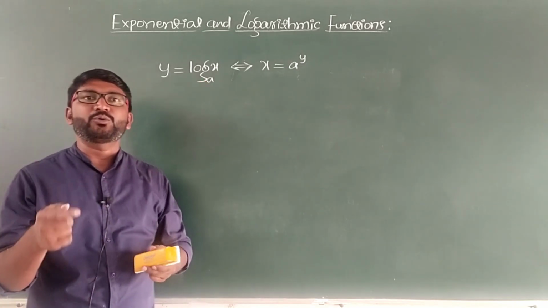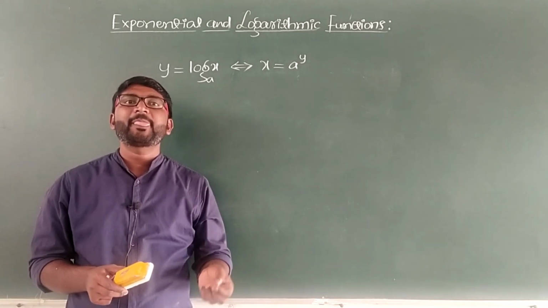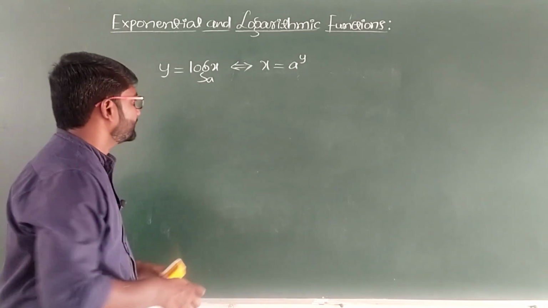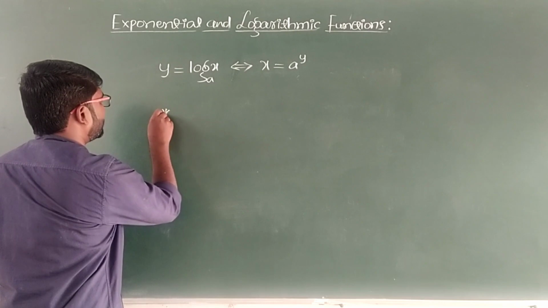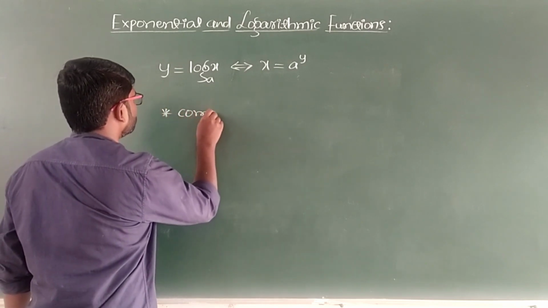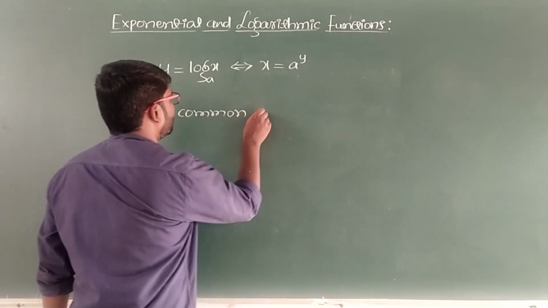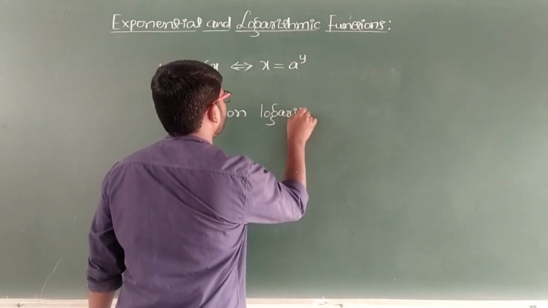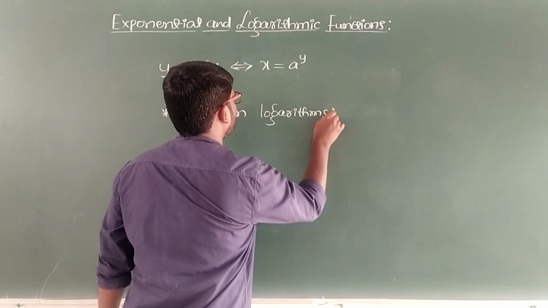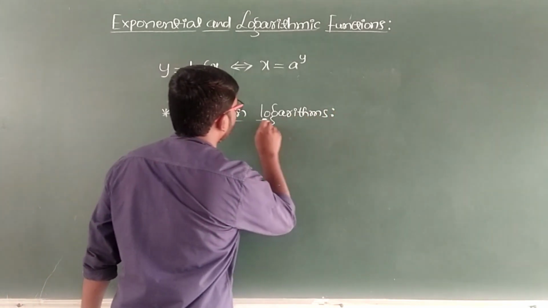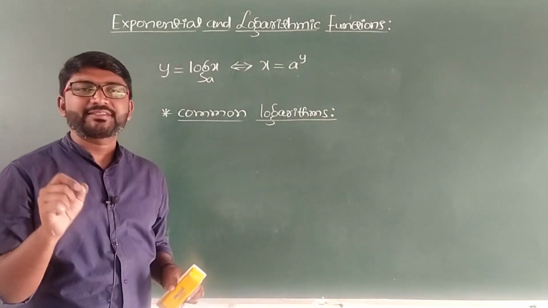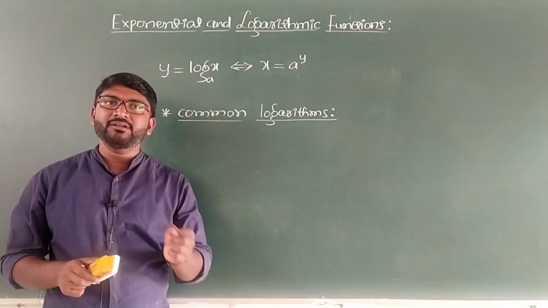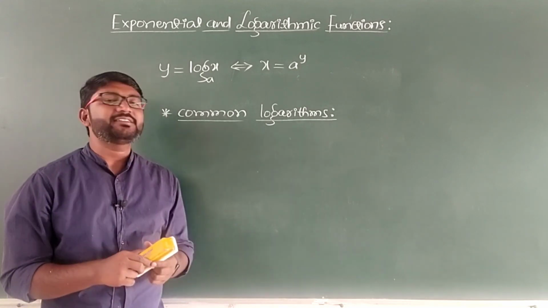Again, in this we have two types: common logarithms and natural logarithms. So now first one, it is common logarithms. The logarithms with the base 10 are called the common logarithms, whereas the next one it is a natural logarithm.